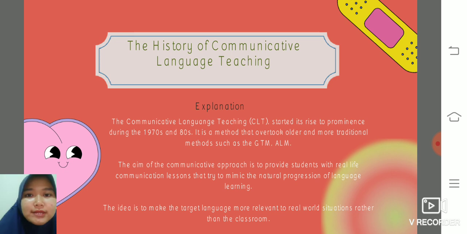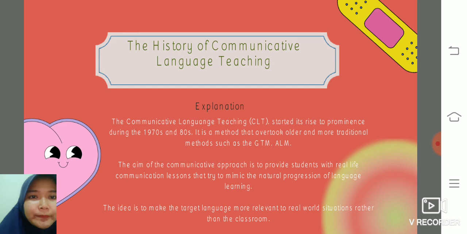Okay, first, the history of communicative language teaching. Explanation. Communicative language teaching, or CLT, started its rise to prominence during the 1970s and 80s. It is a method that overtook older and more traditional methods such as GTM and ALM.